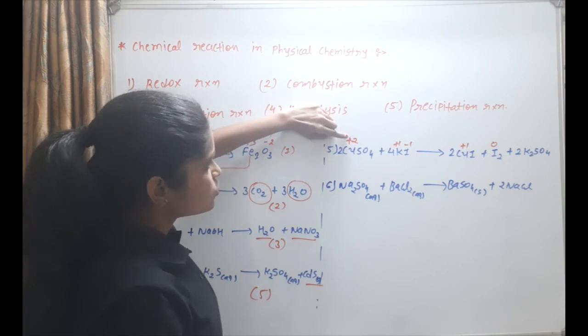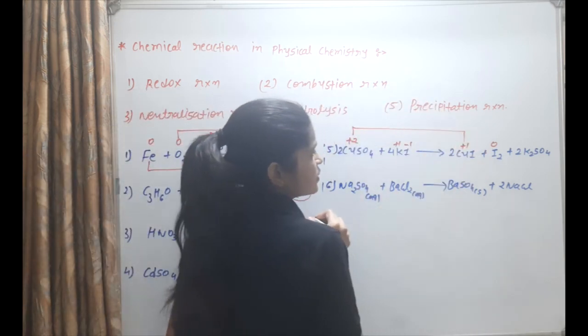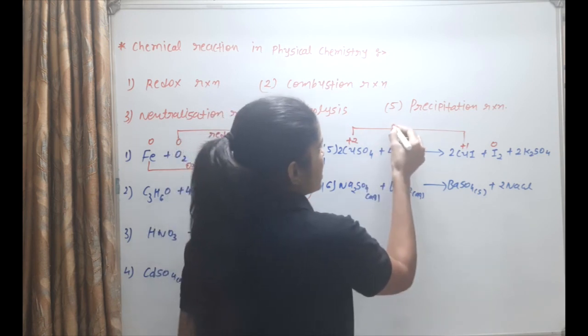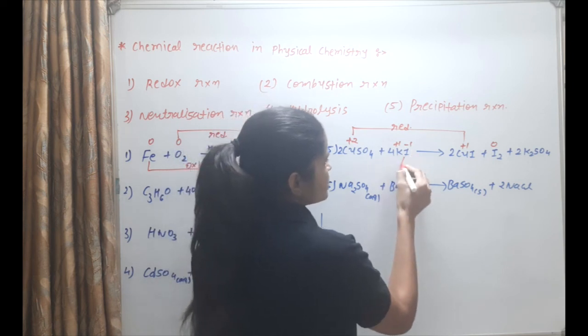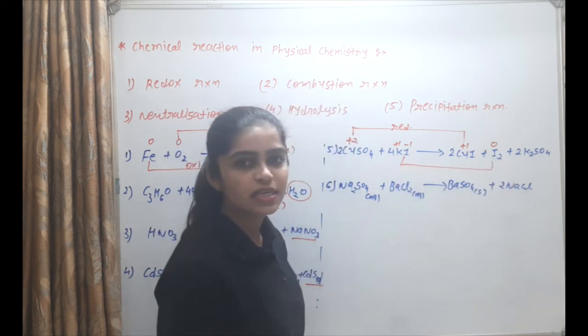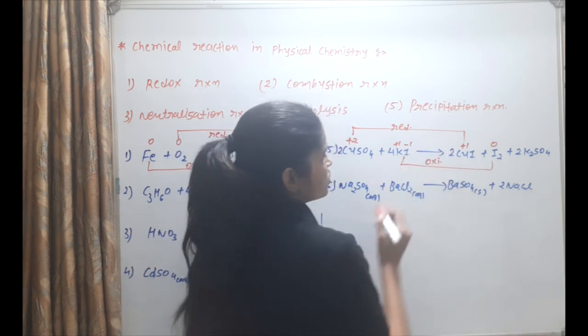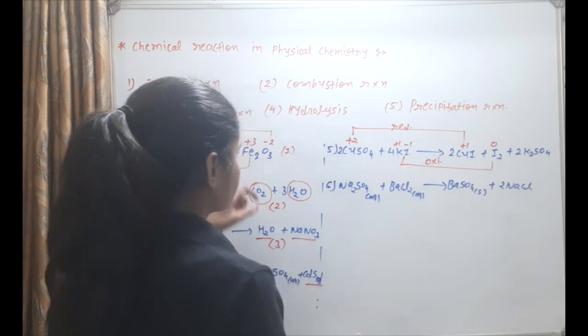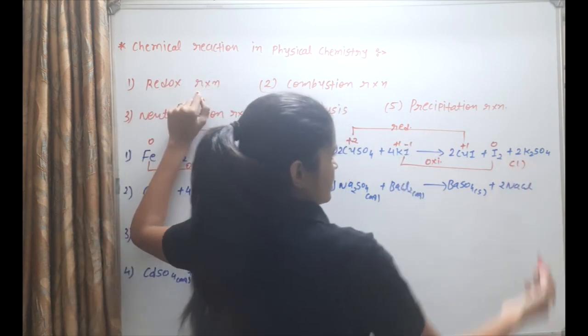So Cu goes from plus 2 to plus 1, the oxidation number decreases, and this is the reduction. I goes from minus 1 to 0, the oxidation number increases, and this is the oxidation. So oxidation and reduction occur simultaneously, a redox reaction.